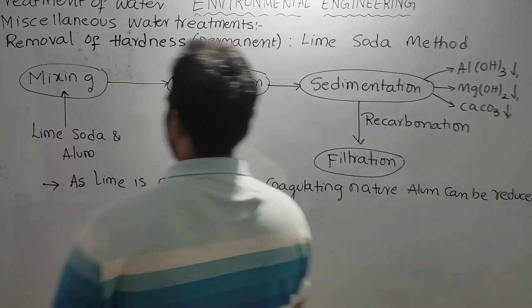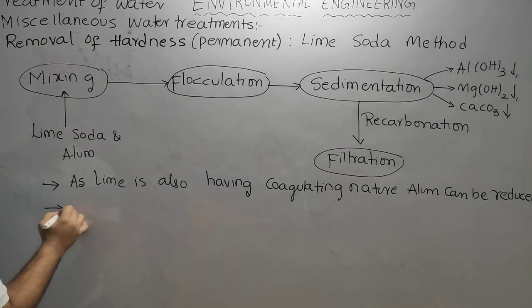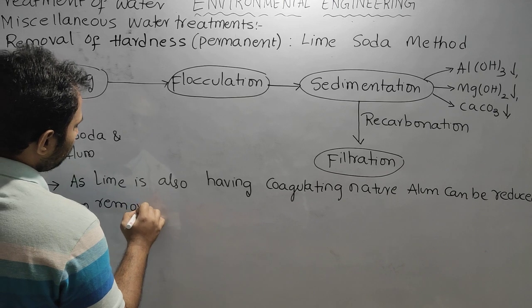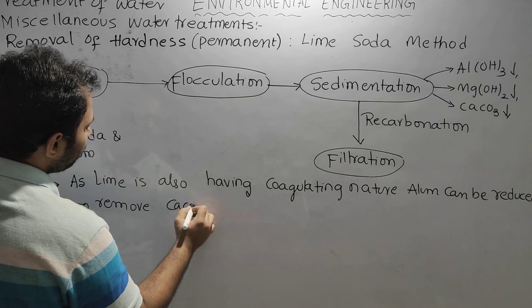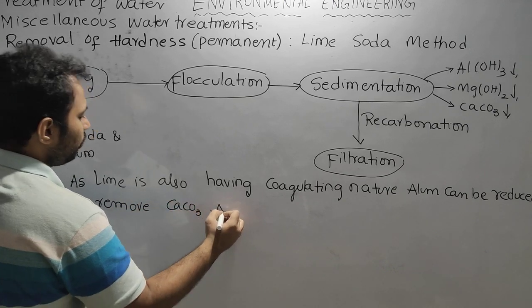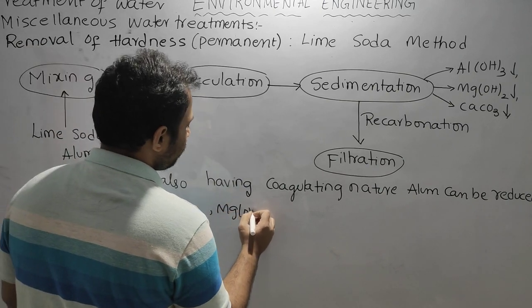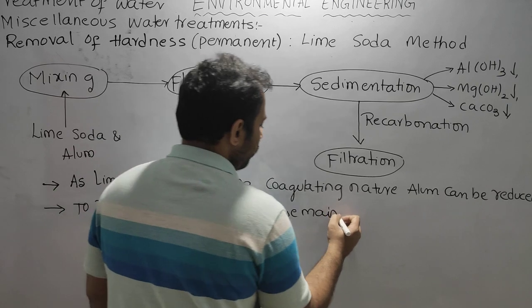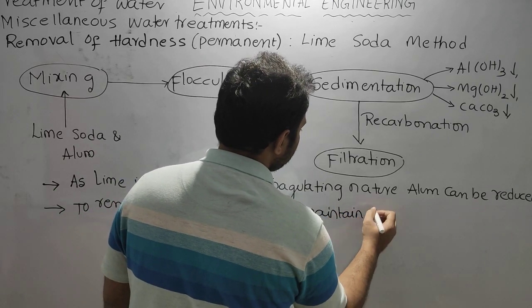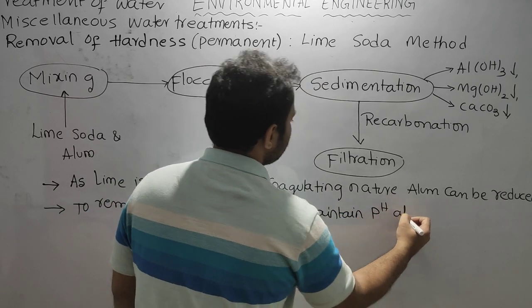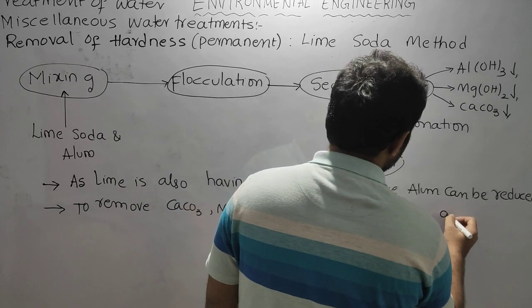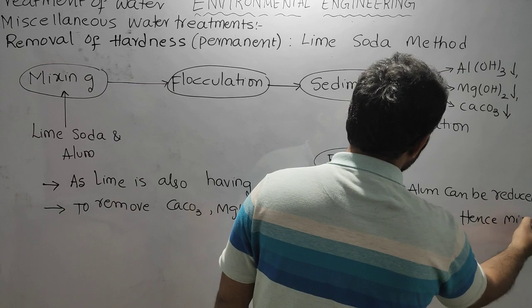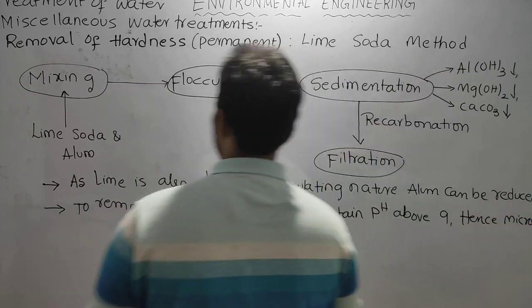And the other thing is, to remove CaCO3 and Mg(OH)2, we maintain pH above 9. Hence the microorganisms cannot survive.